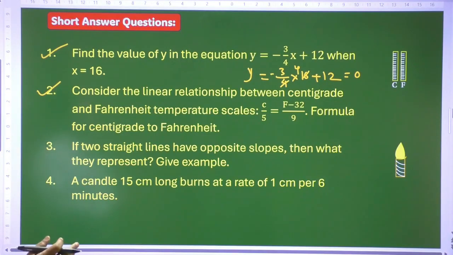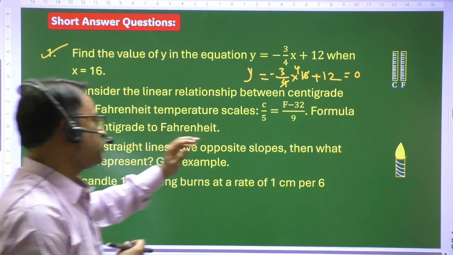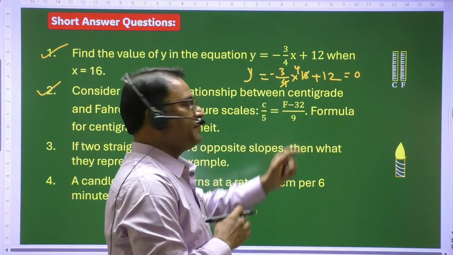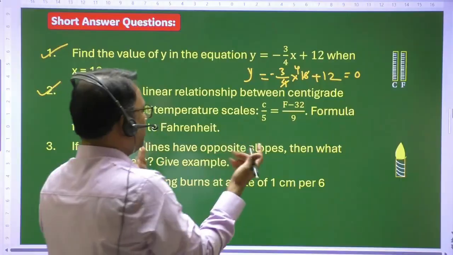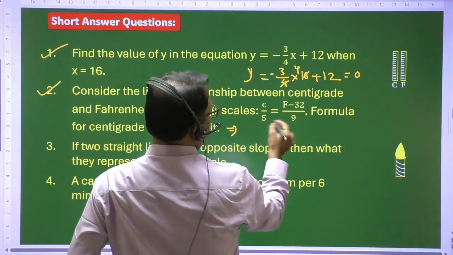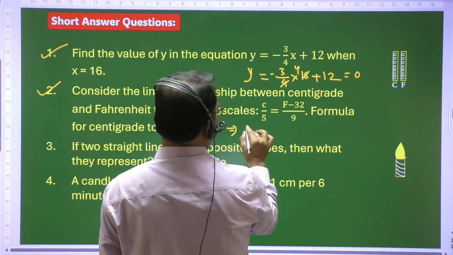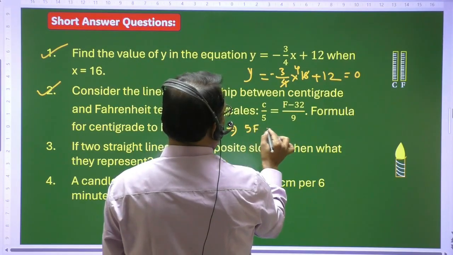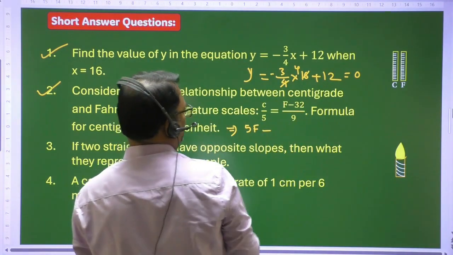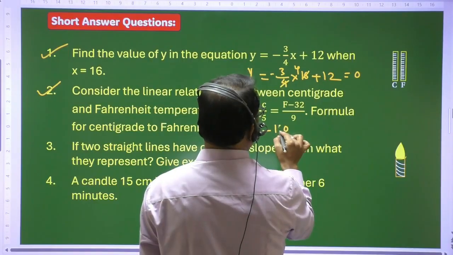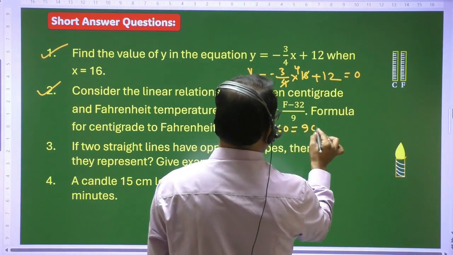Consider the linear relationship between the centigrade and Fahrenheit scale. Formula for centigrade to Fahrenheit. Suppose you want to convert a centigrade temperature to a Fahrenheit temperature. First do the cross multiply: 5 into F is 5F, and 5 into 32 is 160, equal to 9C.